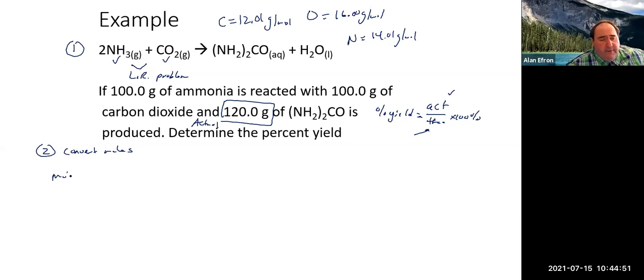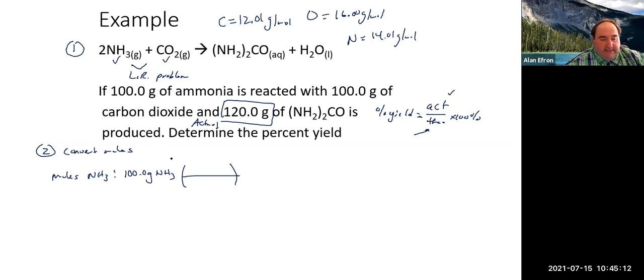So starting with our moles of NH3, we have 100 grams of NH3. We again will need to go to the periodic table and get the molar mass of NH3. So that is a nitrogen at 14.01, and 3 hydrogens at 1.008.